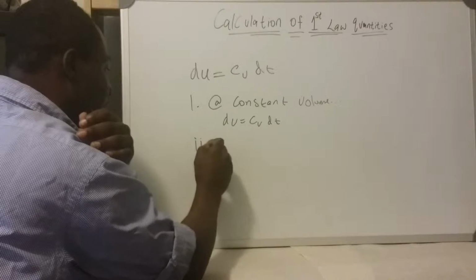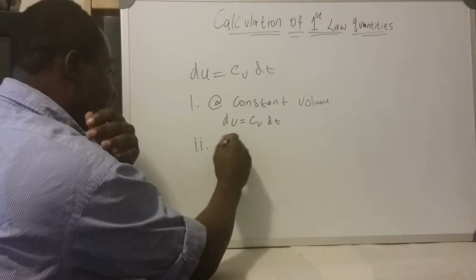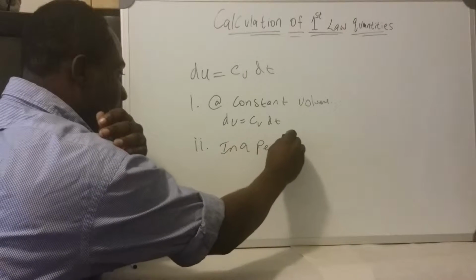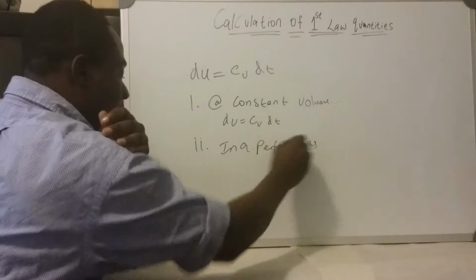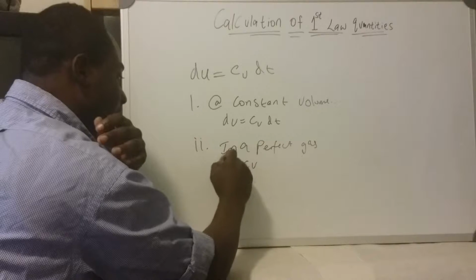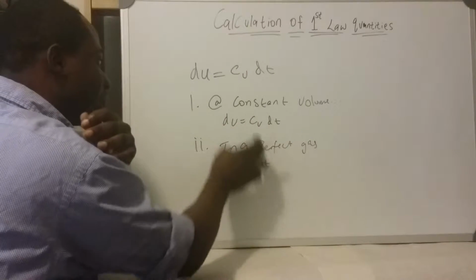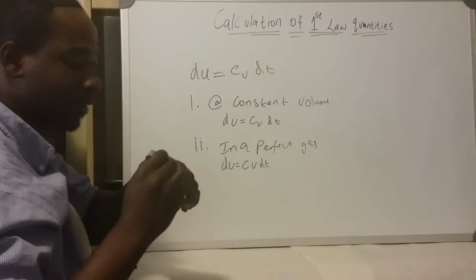And two, in a perfect gas, dU equals Cv dT. So these are the two cases where dU equals Cv dT.